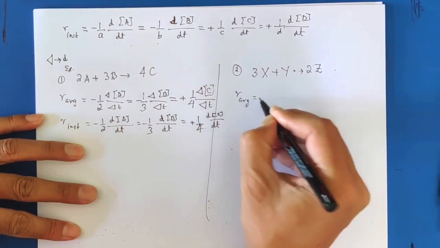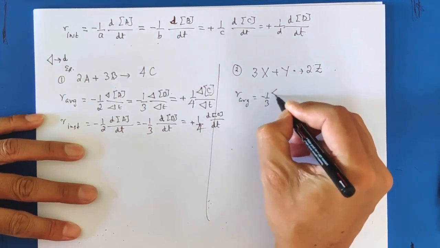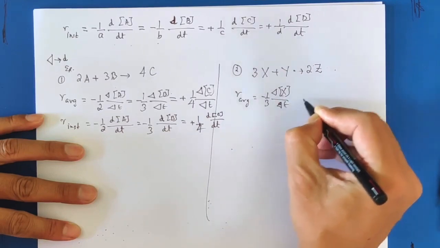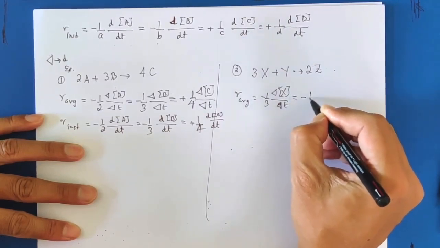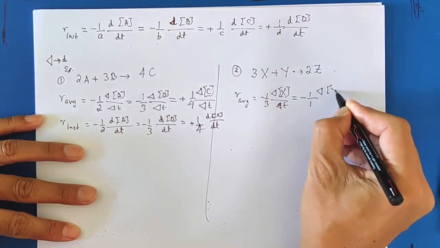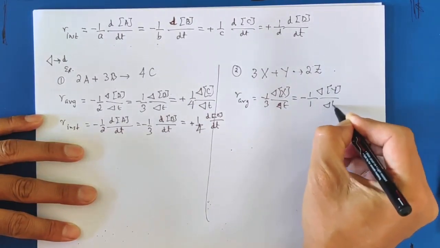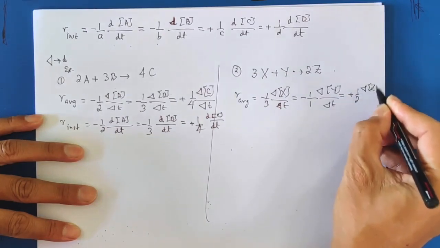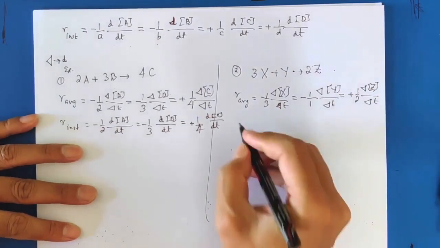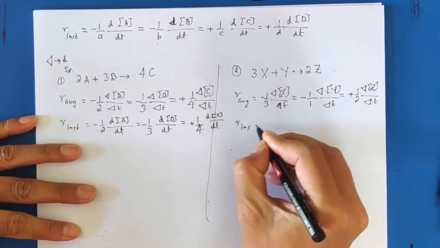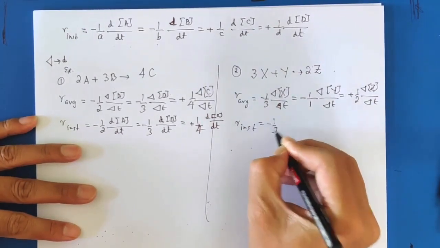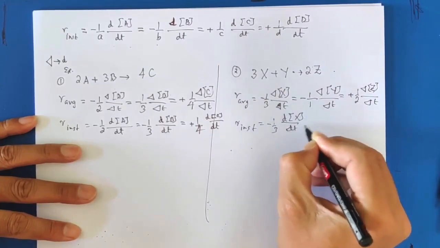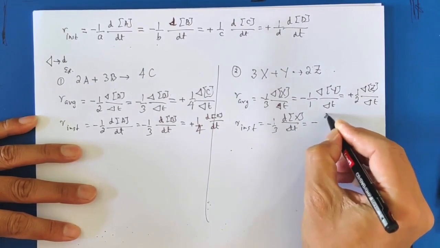Average rate of reactions: minus 1 by 3 del X by del t, equal to minus 1 by 1 del Y by del t, equal to plus 1 by 2 del Z by del t. For the instantaneous rate, del changes to small d.